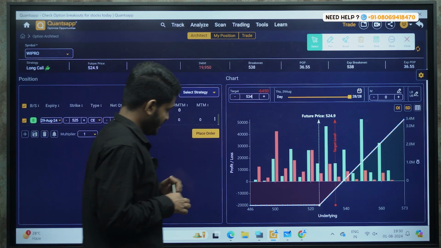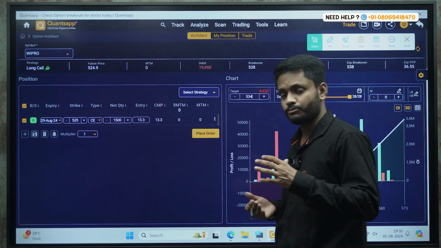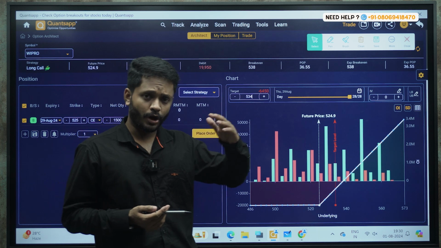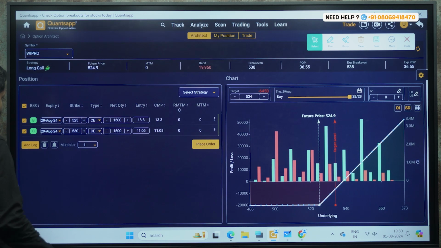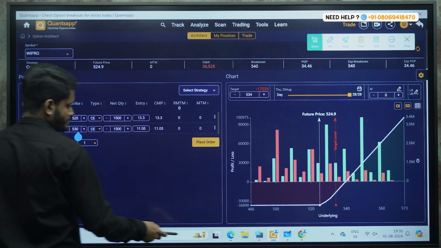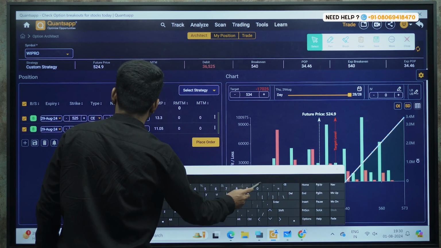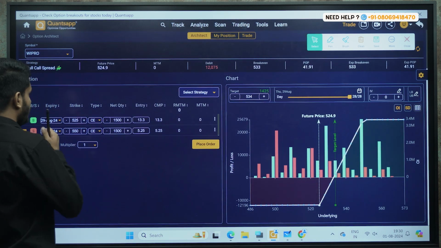Now, instead of buying this naked call, suppose I would have hedged it. Suppose I would have initiated a bull call spread, that is buying an ATM call and selling an OTM call of say 550. Let me add one more leg here. Say I sell the 550 call, and I have bought the 525 call.